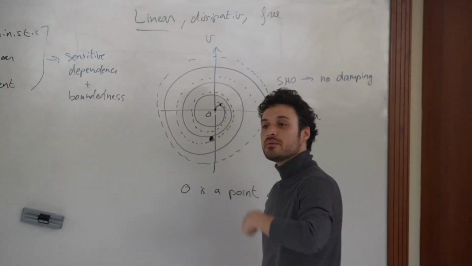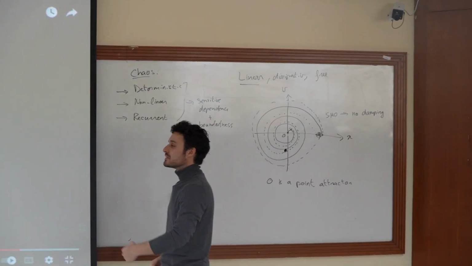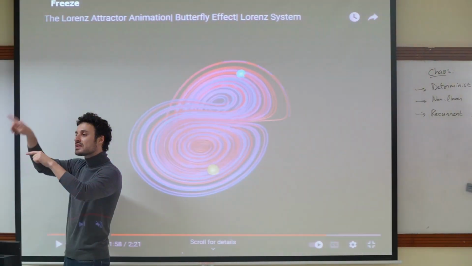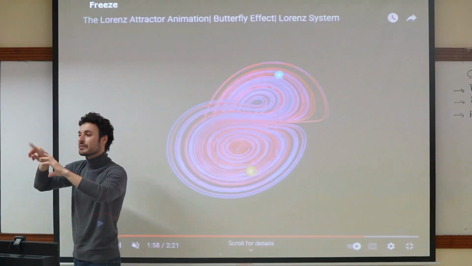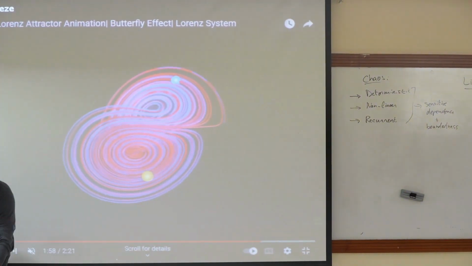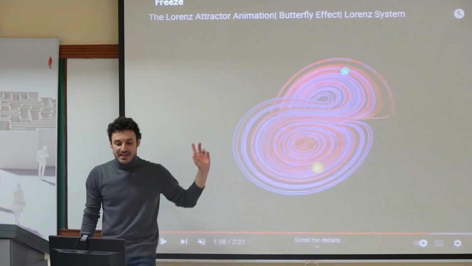We also saw that there were limit cycles, so circle attractors, which was the case of, for instance, the driven damped oscillator or the undamped oscillator. They eventually reach a circle. But if the nonlinearity of the system is small enough, it can still settle in that kind of thing.